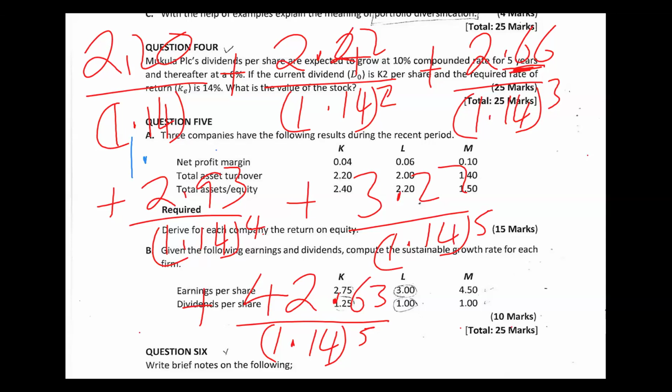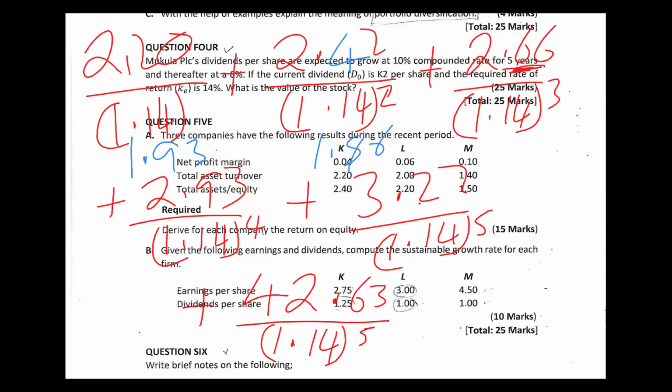We found 1.93, rounding it off. In the second year, what do you find? Remember, this is 42. Let's do it quickly. 1.86.